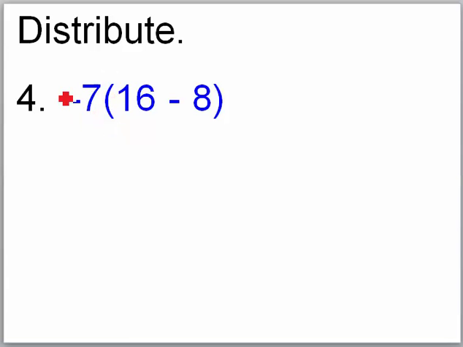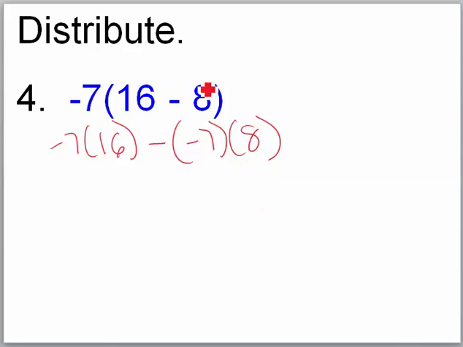Now let me show you how to distribute this negative. So I take the whole quantity and I distribute it. So I get a negative 7 times 16 minus a negative 7 times 8. Make sure you bring that minus sign down. Negative 7 times 16 is negative 112.